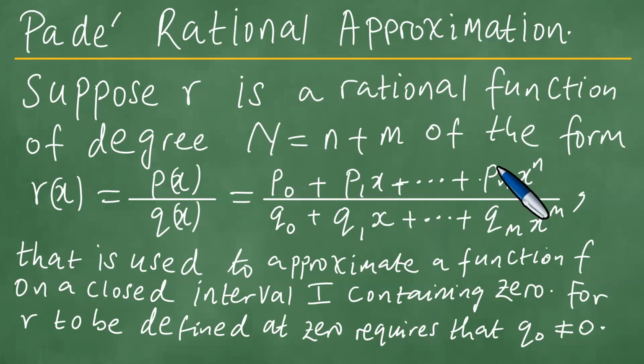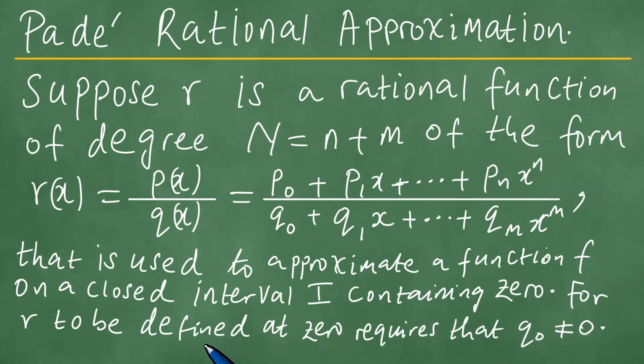Right, and obviously R becomes a rational function of this form, and we shall see how this question is asked in assessments. But now we look at the fact that if R is a rational function of this form that is used to approximate a function f, we use it to approximate f on a closed interval I containing 0.